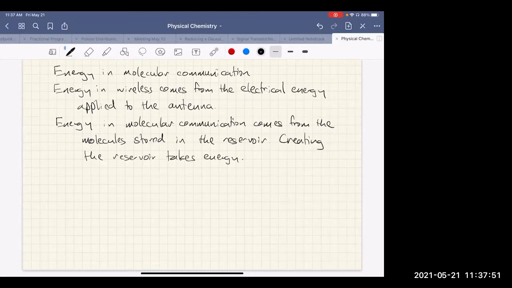It's obvious that communication has at least some cost. Organisms can't communicate freely or at will or at unlimited data rates. So there must be some cost associated with it. And the right way to think about that is in terms of creating the molecules that you're going to release into the environment. There are two ways to think about that.